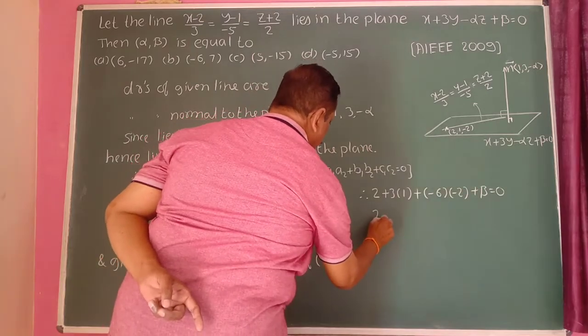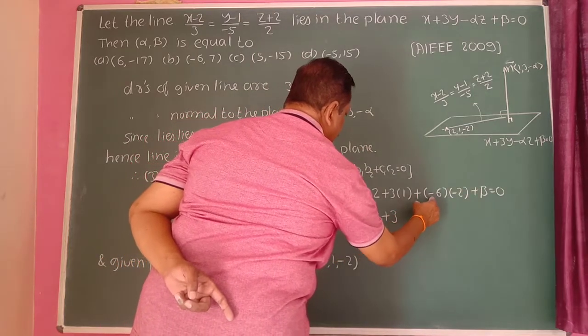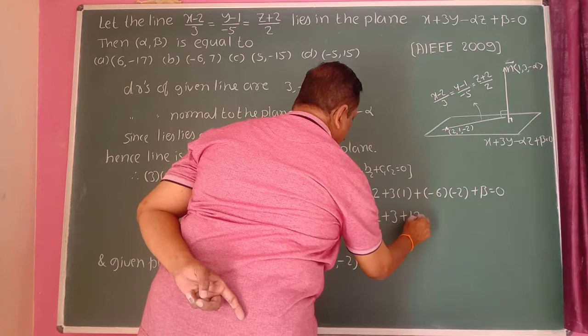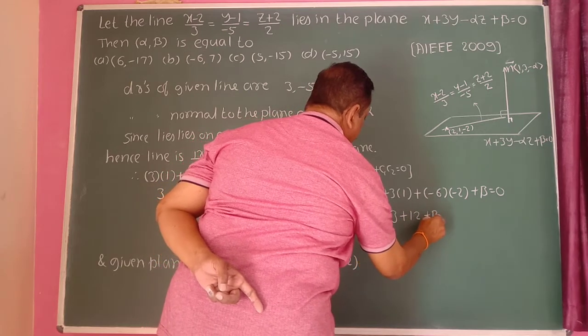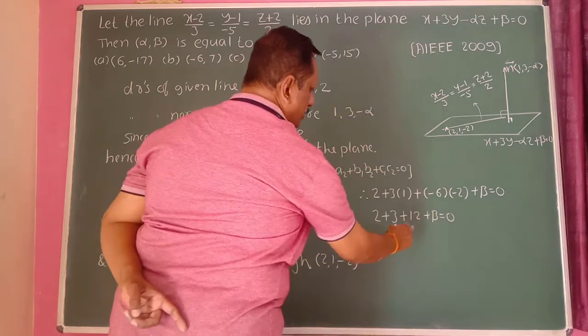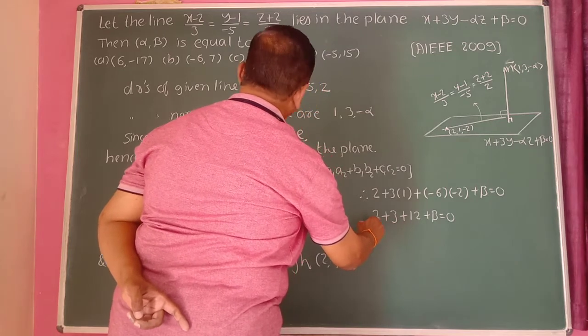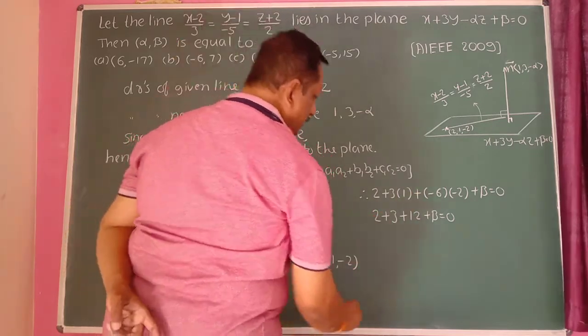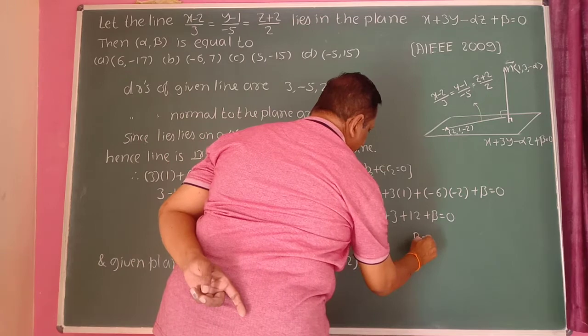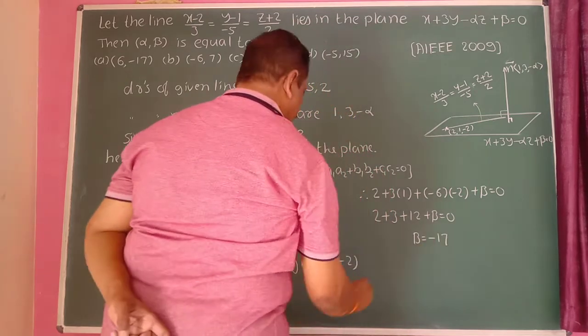Yes, 2 plus 3, 6 2s are 12, plus 12 plus beta is equal to 0. 12 plus 3 is 15, plus 2 is 17, take 17 to the right hand side, therefore beta is equal to minus 17.